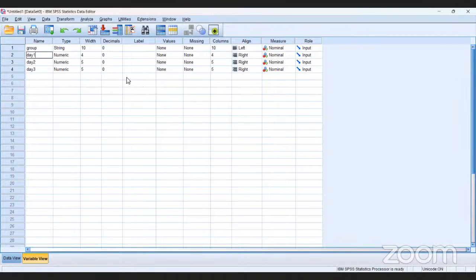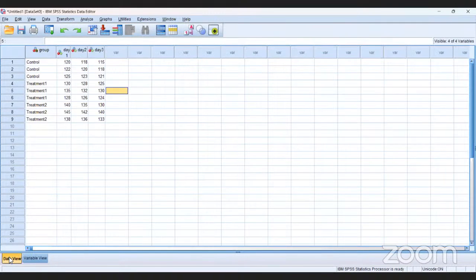Now I am going to the data view. So here you can find out the control group and the treatment groups are there.